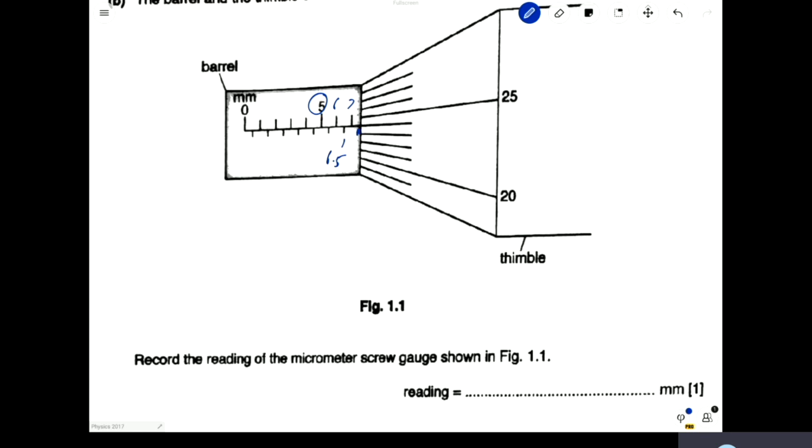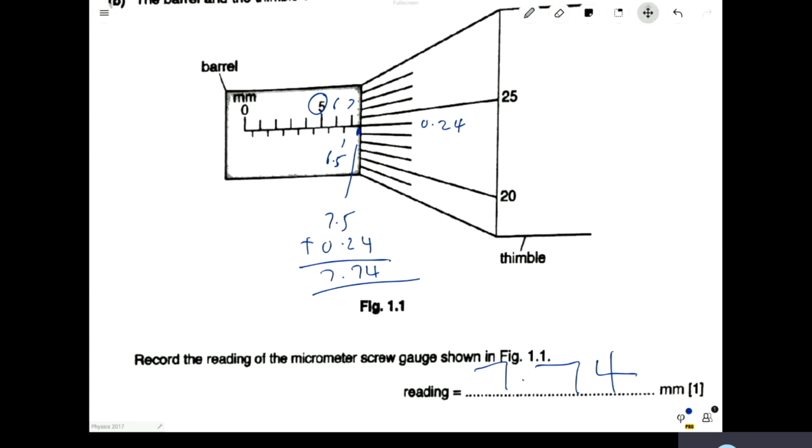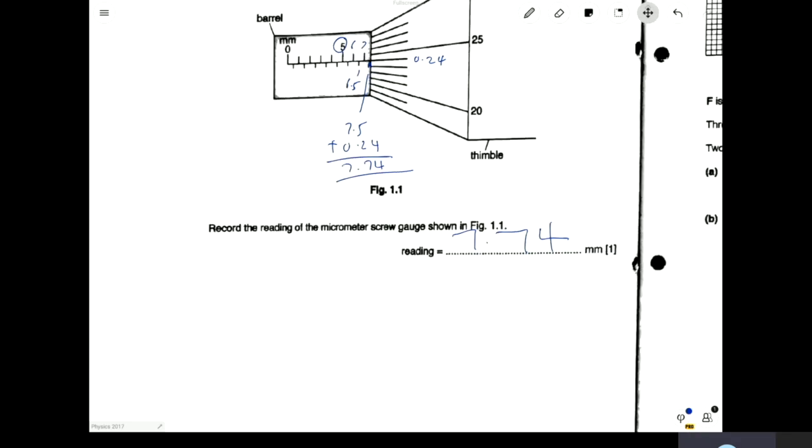So this also hits 7.5. Alright, so it crosses 7.5. Plus 0.24. Yeah, awesome. So you plus 0.24, 7.74. Okay. Alright. Yeah. Awesome. It's 2 marks.